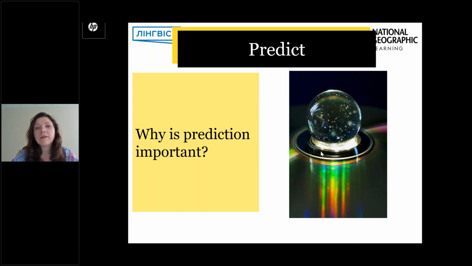Right. And if we talk about real life, do we need this skill of prediction? For lessons, that's right. By predicting, we can create an interest, right? We can help students just realize what the topic is. But in real life, do we need this skill?